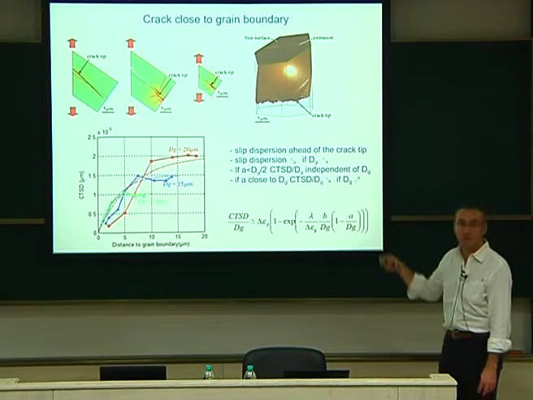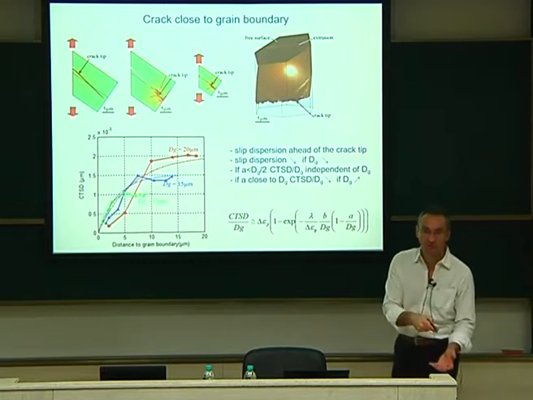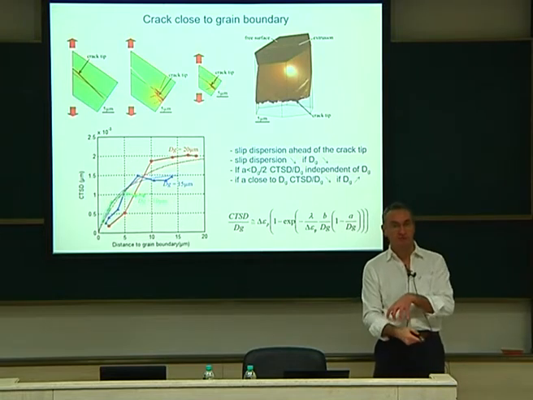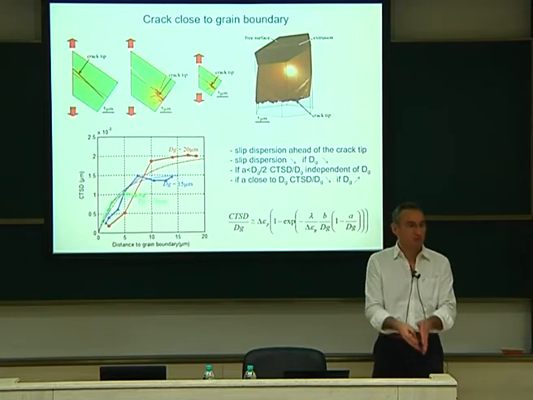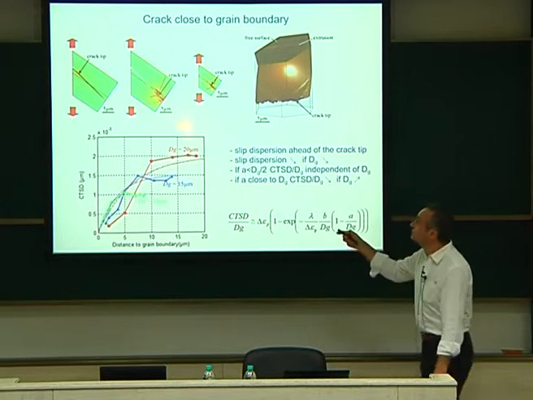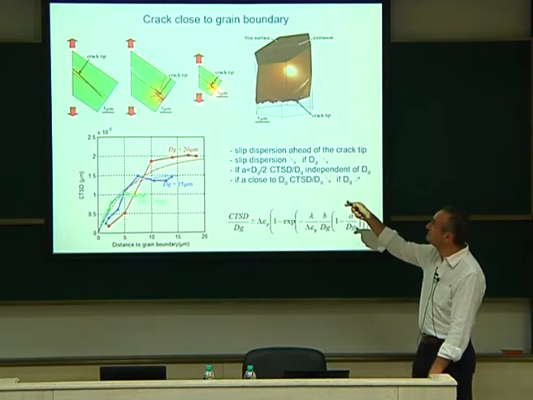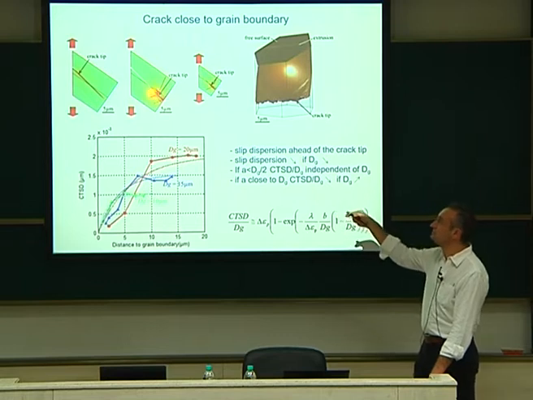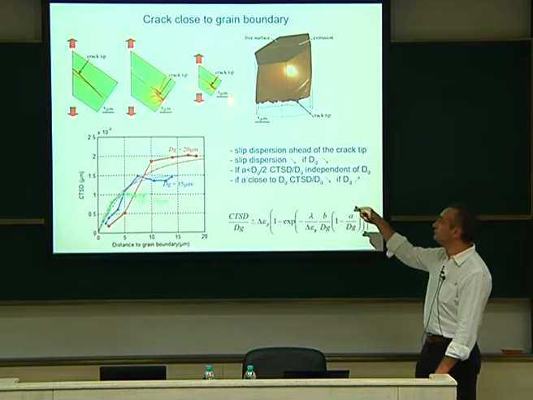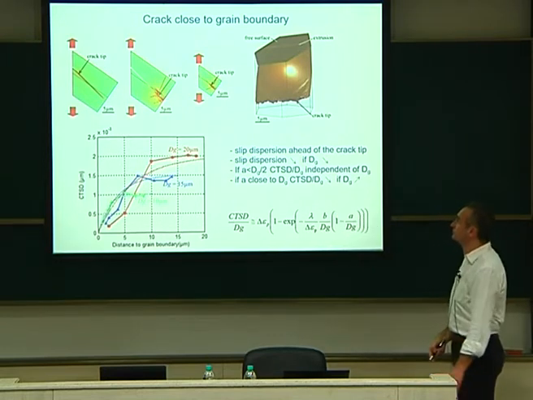So it means that the small grains will be easier to crack than the big grains, just because the slip displacement here is less than there. There you have a huge slip displacement, so a huge blunting of the tip, and it will stop your crack. Here it will not stop the crack as easily because of the small grain.